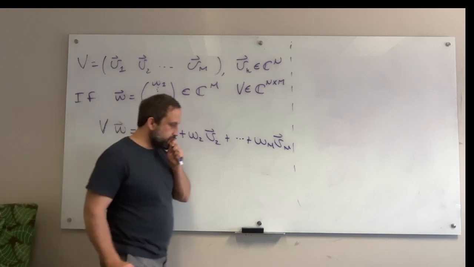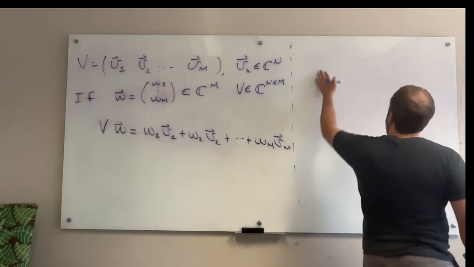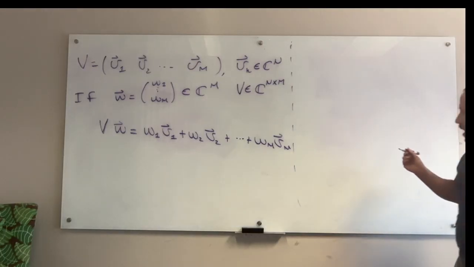Now we can think about matrix vector multiplication like this.